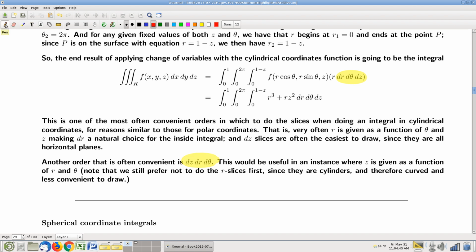So you can have dz inside of dr d theta as opposed to dr d theta inside of dz. And really none of the other options give you any value that you need, and some of them are bad. So I suggest always choosing one of these, and I've yet to see a Math 212 problem for which the best choice is not one of these.